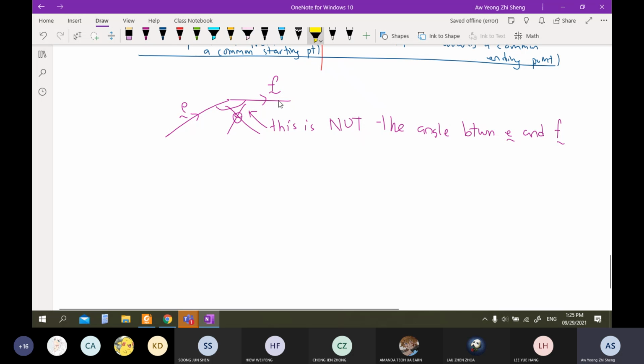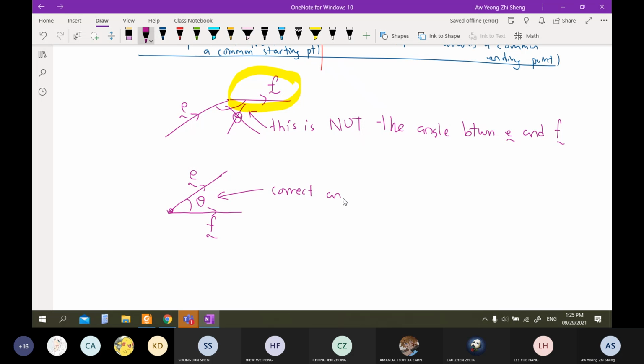So let's say I move the vector F while my E remains unchanged. I move it down here, maintaining the length and direction. Now I can happily measure. This is the correct angle.